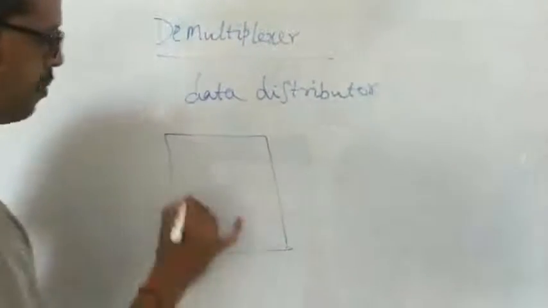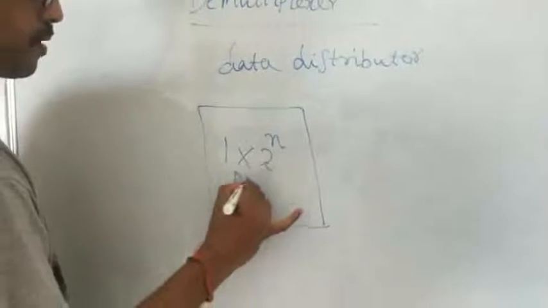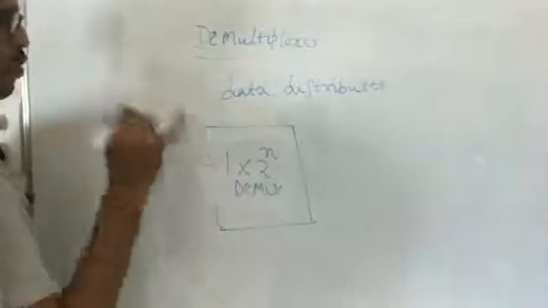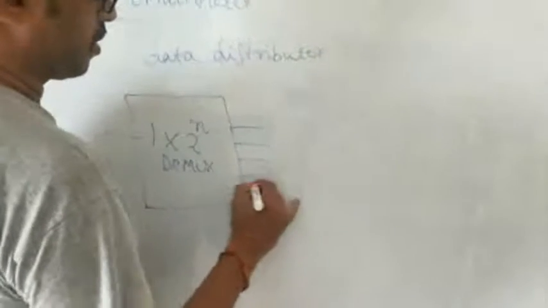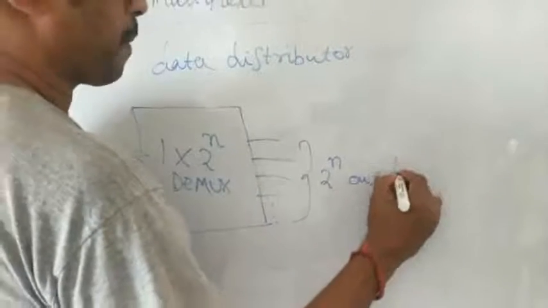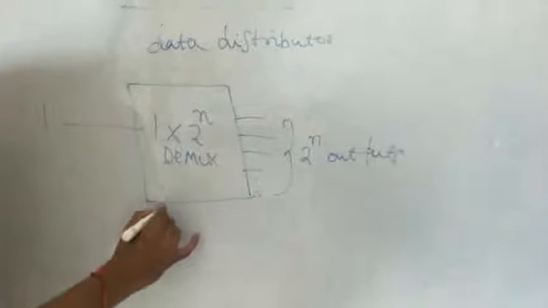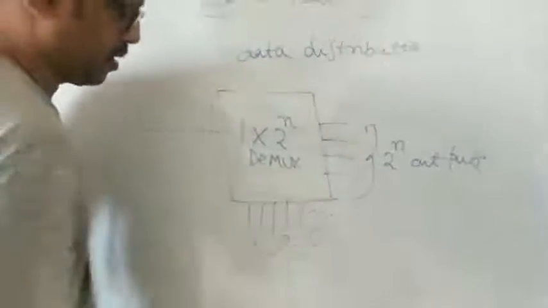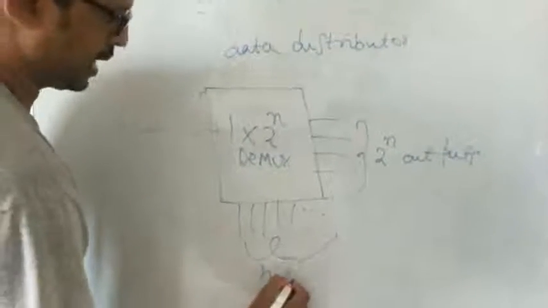This is the simple block diagram of 1 by 2 power n demultiplexer. Okay, which means that one input and 2 power n outputs. Here, n selection inputs.